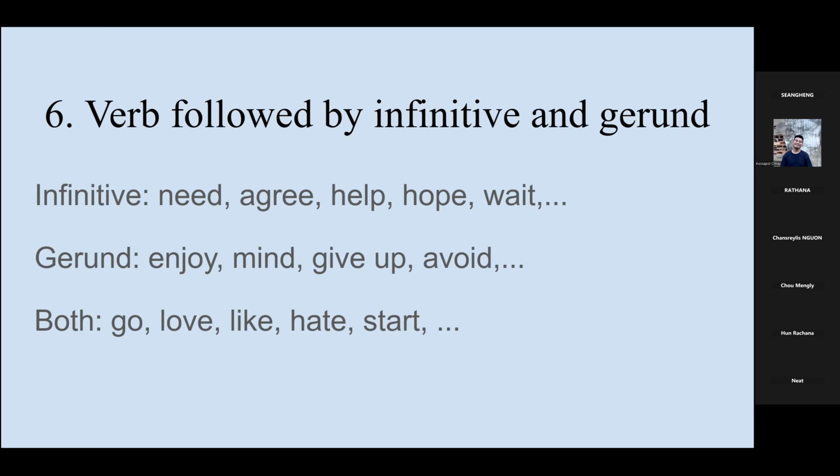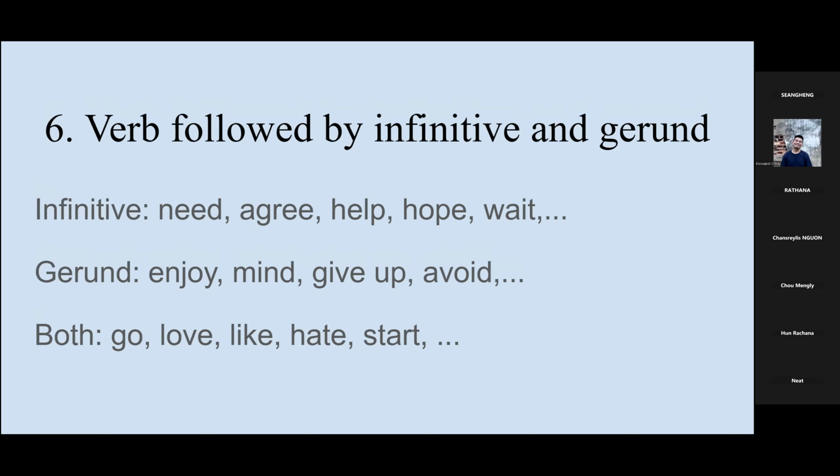The verbs followed by the infinitive include need, agree, have, hope, wait, and so on. After these words, we need to add to be or an infinitive. The second part is the gerund.